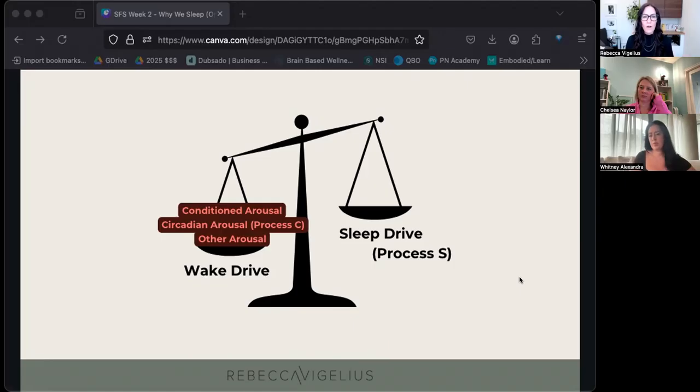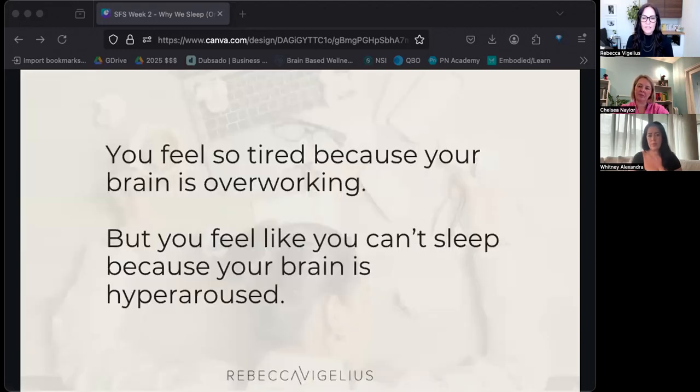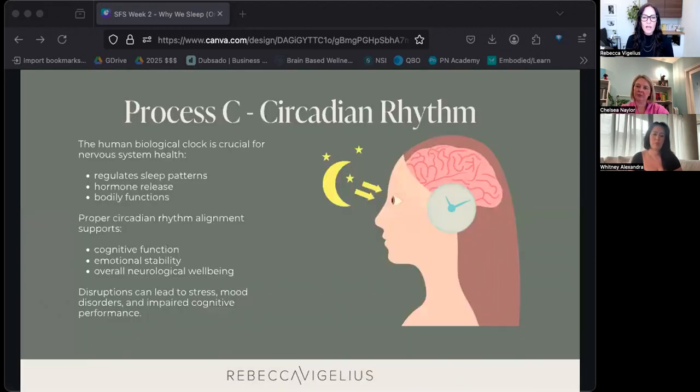So, no matter where your arousal is coming from, having too much overrides your sleep drive at night and makes it hard to fall or stay asleep. So you feel so tired because your brain is overworking, but you feel like you can't sleep because your brain is still hyper aroused.